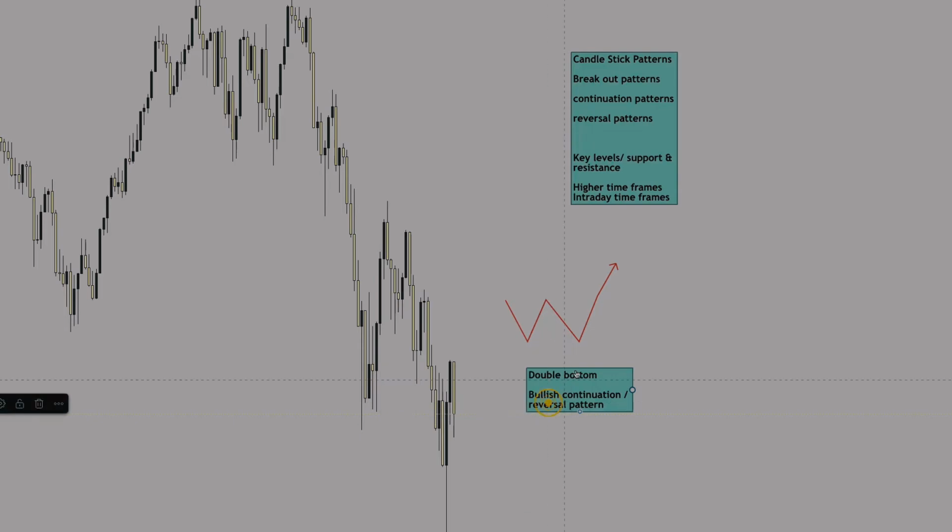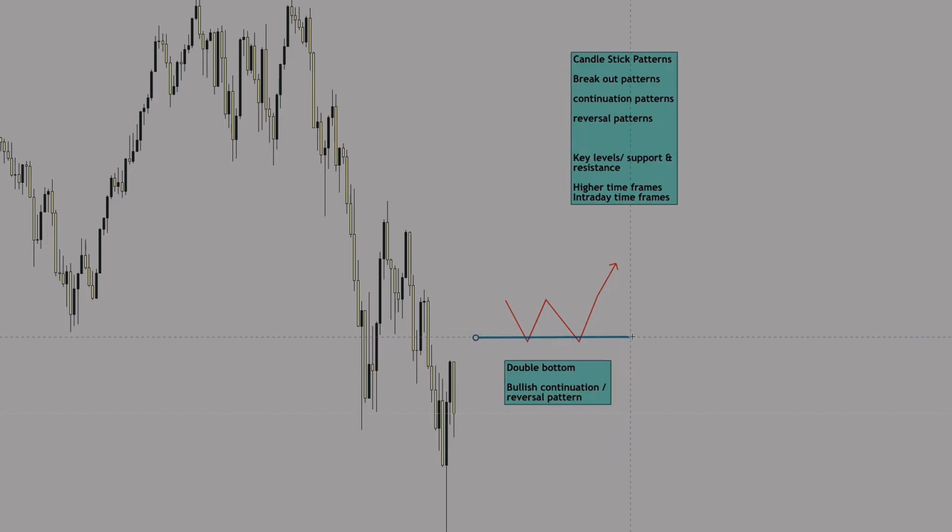So what that would look like is it would be formed on a level of support like such. Bounce there, something like this, and then continue higher.